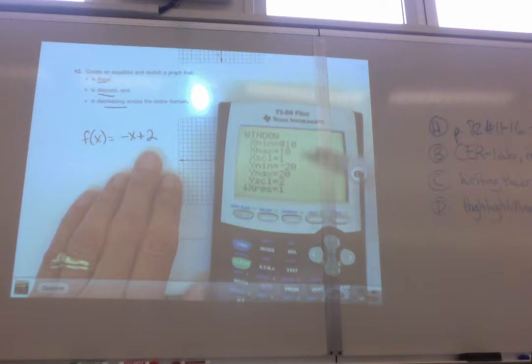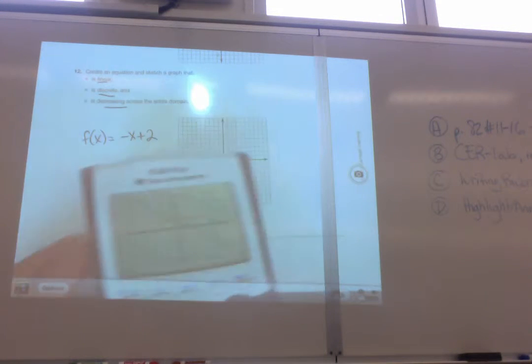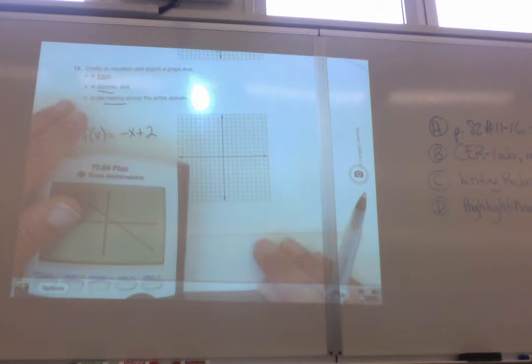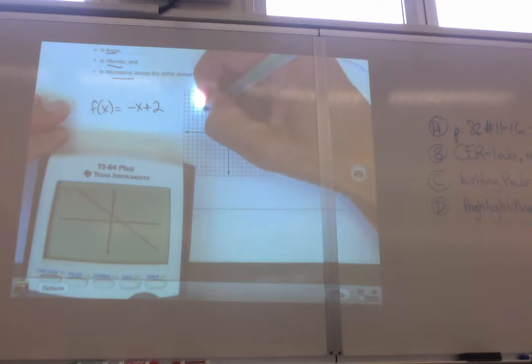Window. Double check. That looks pretty good. Actually, we were using negative 20, so I'm going to make that negative 10, positive 10, scale of 1. Graph. That's my graph. Now I need to sketch it. And it's raised up a little bit, and it's doing this.